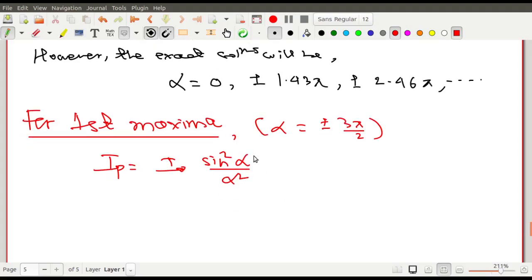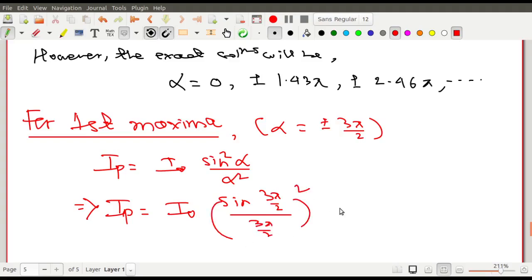So if I put this alpha value as 3 pi by 2 here, then what we get is I0 times sine of 3 pi by 2, divided by 3 pi by 2, and this whole thing is squared. So sine 3 pi by 2 is 1, and this is 4 by 9 pi square.